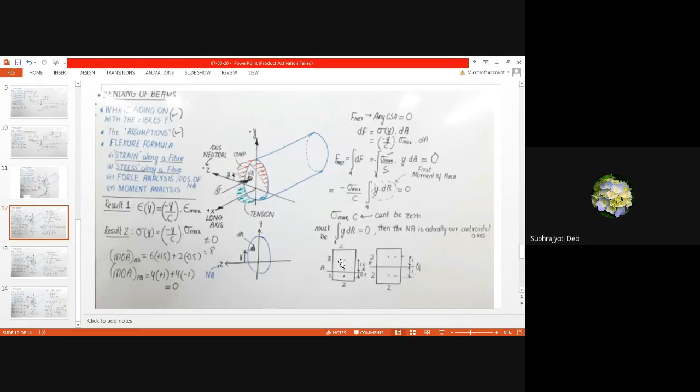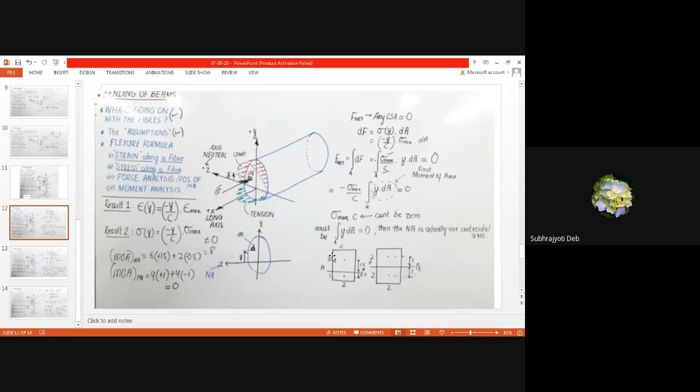If the length is 3, then the position of its center is 1.5. Plus, for the lower part, 1 into 2 is 2, into the distance of its center of mass from the neutral axis.